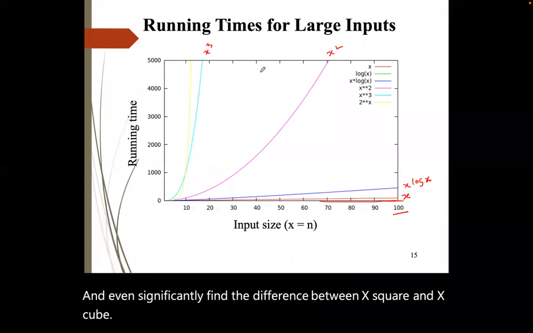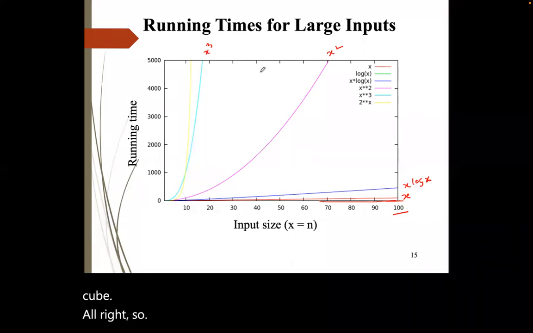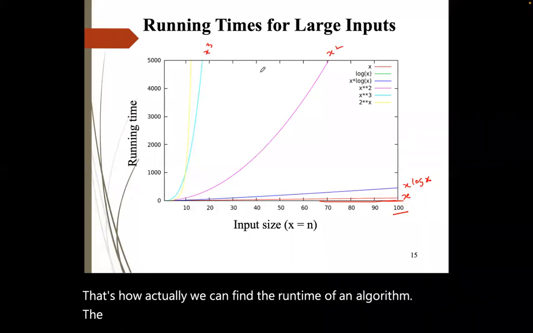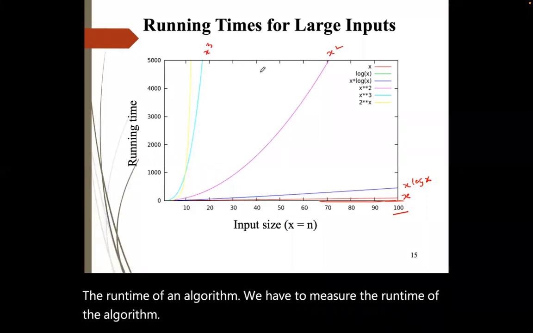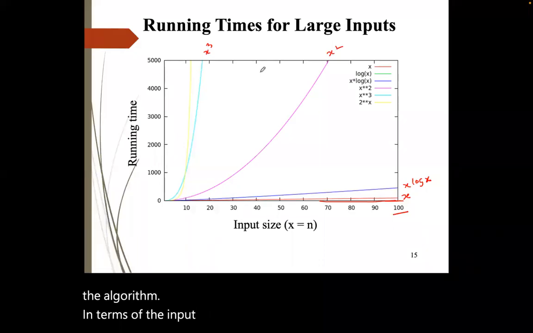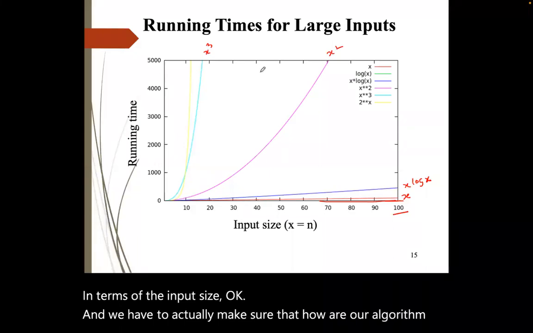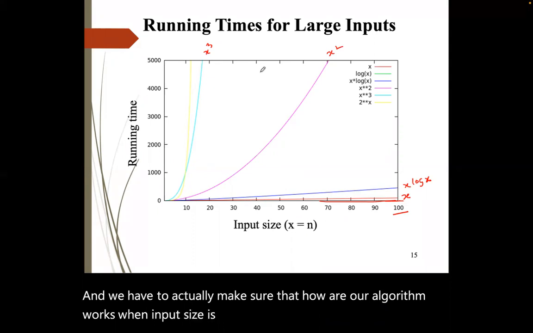All right, so that's how we can find the runtime of an algorithm. We have to measure the runtime of the algorithm in terms of the input size, and make sure how our algorithm works when the input size is growing.